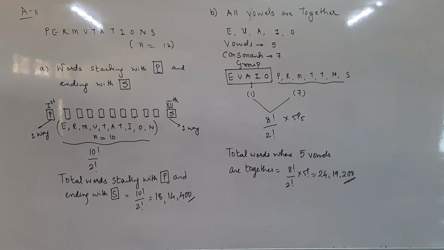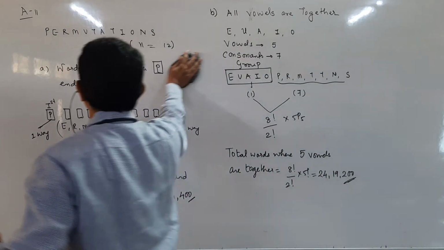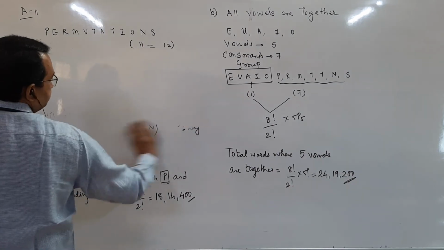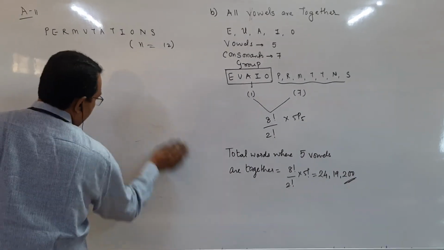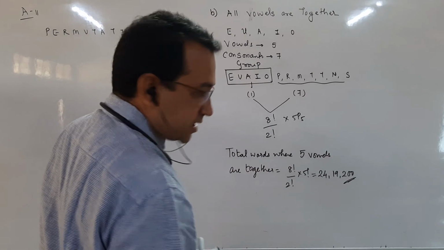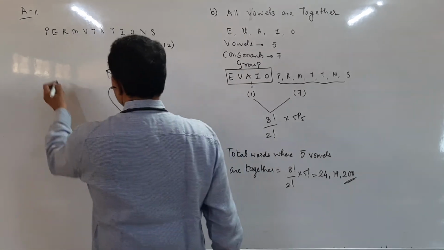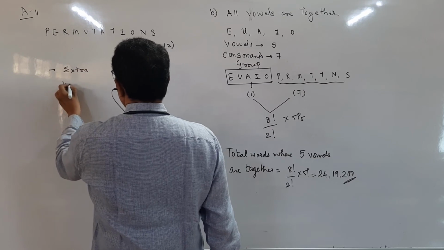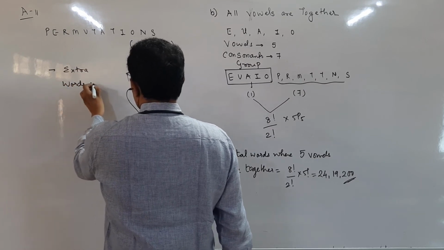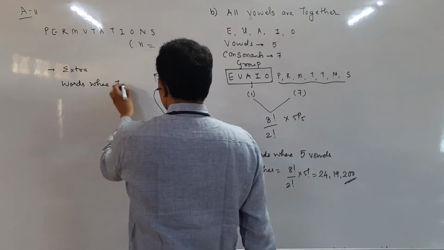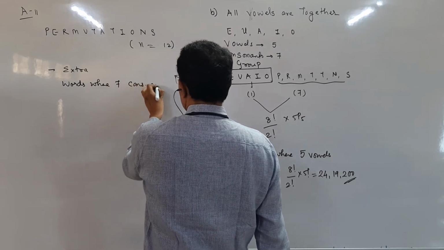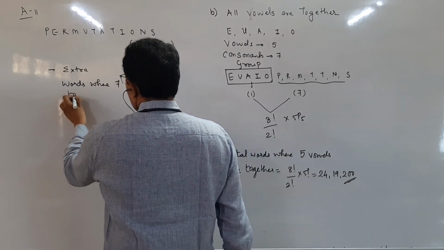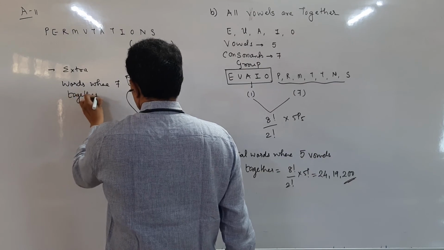Now, if I would have considered 7 consonants together, pay attention. One part I am doing extra. Students, one part I am doing extra. Words where 7 consonants are together.